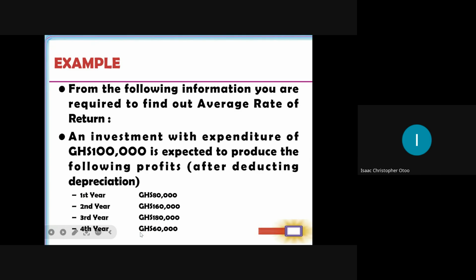Who is coming? The average net income or profit.